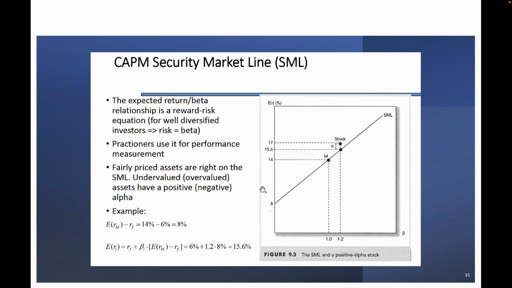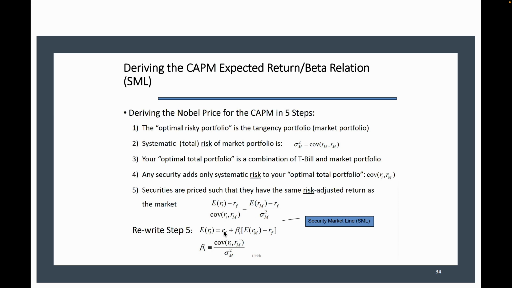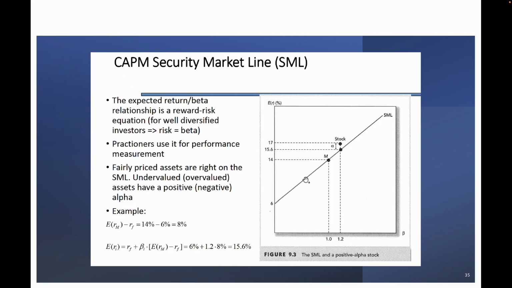Good. So here's a picture also from the Bodie Kane Marcus textbook. We see here the security market line. We have beta on the x-axis, expected return on the y. We have a linear relationship. If the beta is 0, the expected return is the risk-free rate. And then the slope is the market premium, because it's the change in y over the change in x.